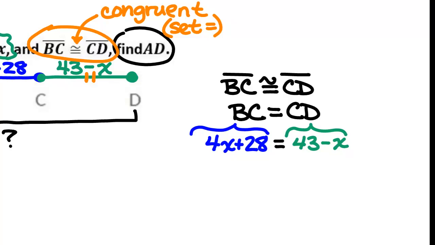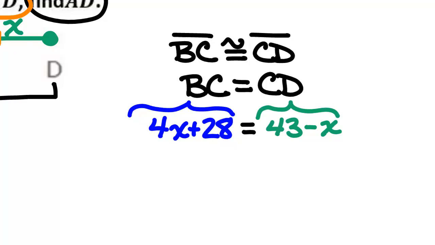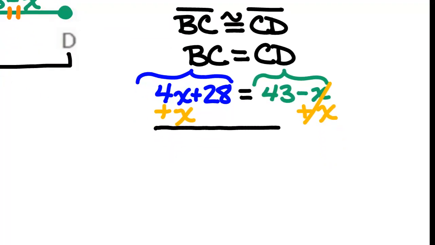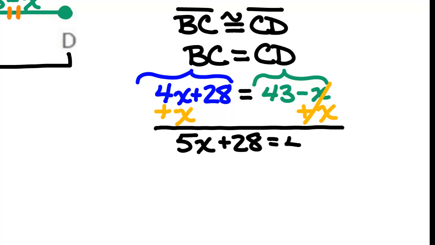I want to solve this now for x. What's my first step? Add x to both sides. Let's get rid of that negative x. I'm going to add it to both sides. It's going to cancel out over on the right. 4x plus x gives me 5x. So 5x plus 28 equals 43.